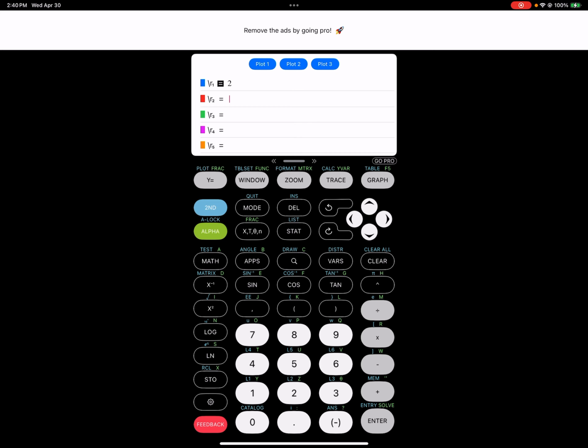Or if you did theta equals pi, pi would be opening to 180. That would be a straight horizontal line through 0, and so on.